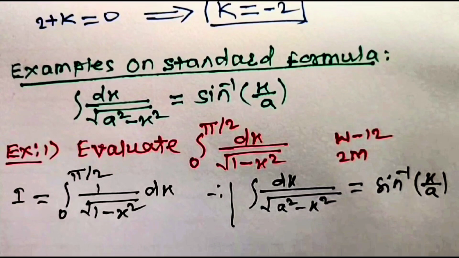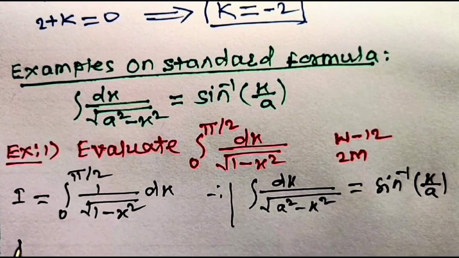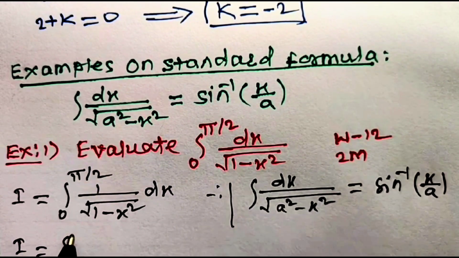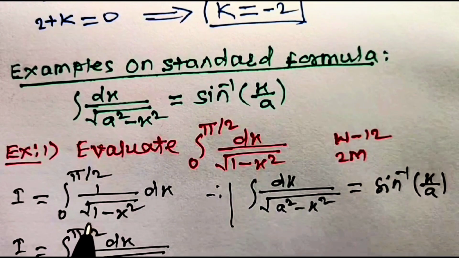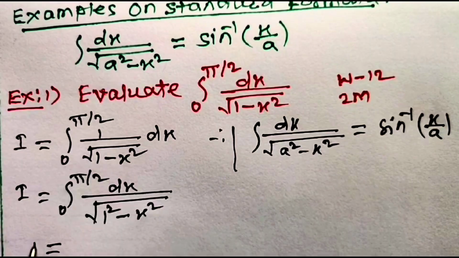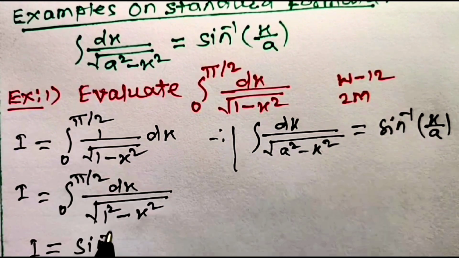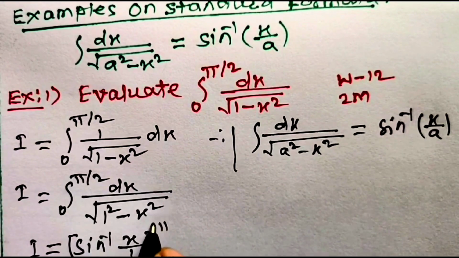Apply this formula. First of all, try to get this integral in this form. So I is equal to integral from 0 to pi by 2 of dx divided by square root of, this 1 can be written as 1² minus x². I is equal to sine inverse x upon 1 and limits from 0 to pi by 2.